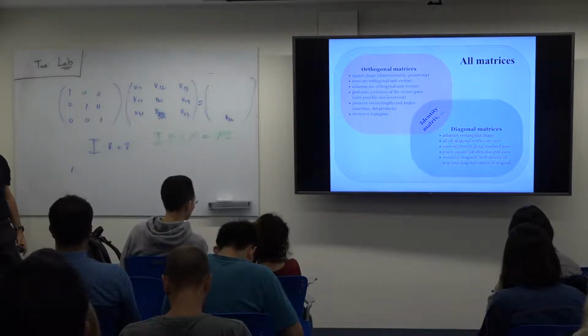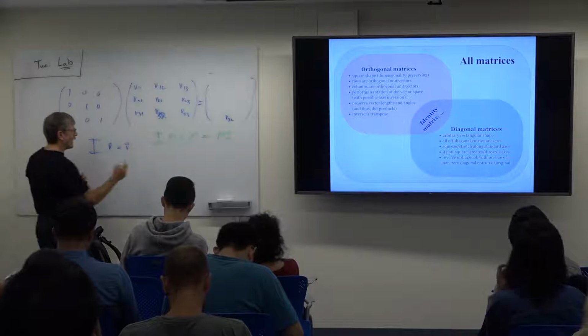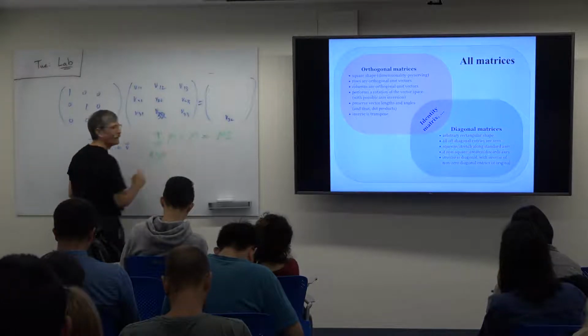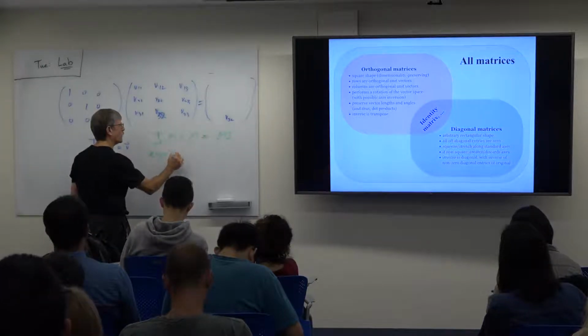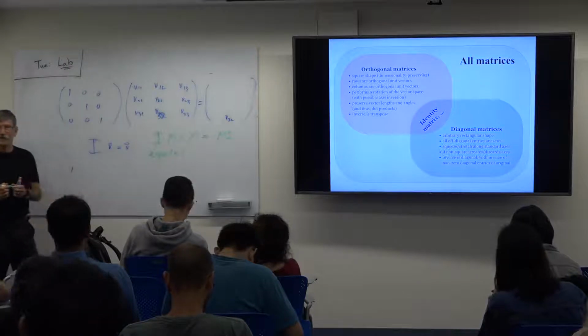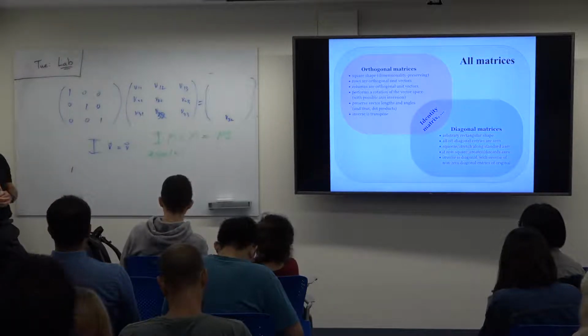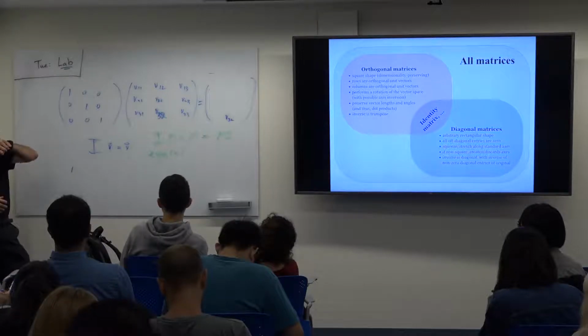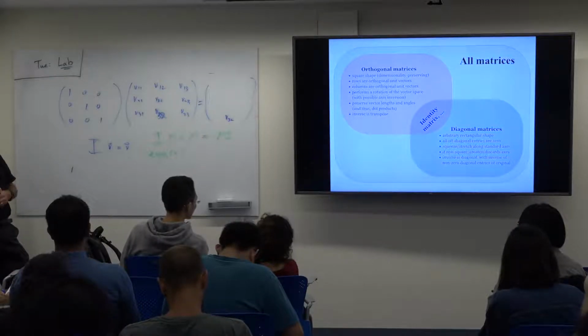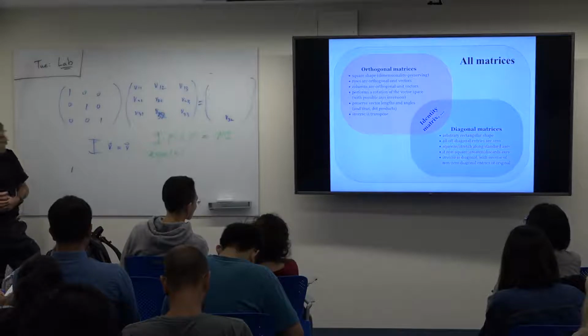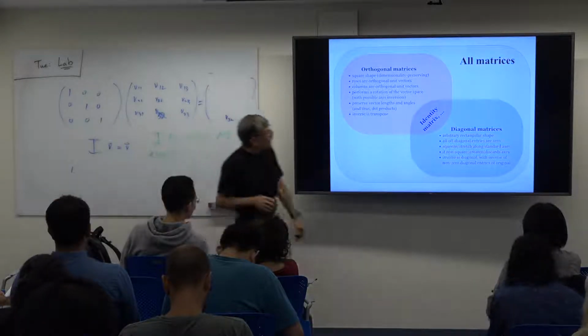If you end up with I, and by the way, in MATLAB it's eye, where you put the number of dimensions here. So you can create that matrix and call it to a function. So that's very nice. Now, where do I want to go from here?